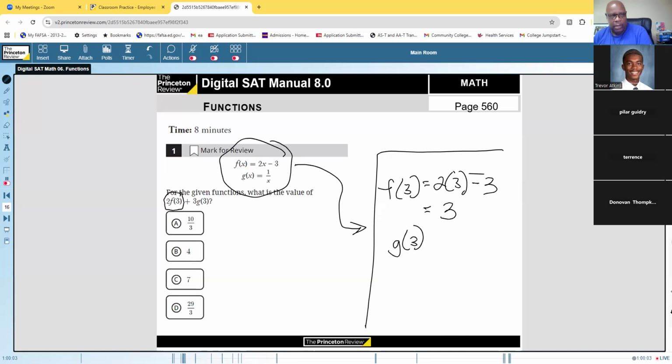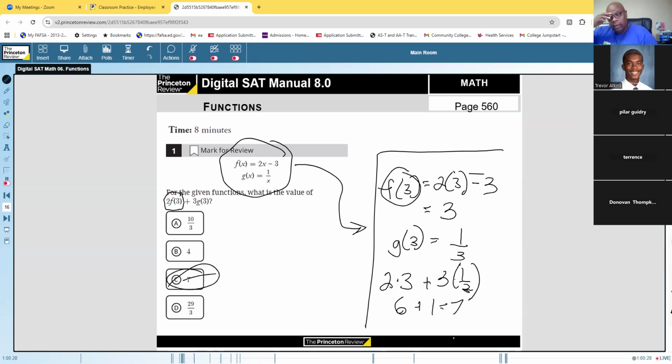Notice I didn't do the multiplication yet. G of 3 is simply 1/3. So now if I want 2 times F of 3, that is 2 times 3, plus 3 times G of 3, which is 1/3, I'm going to get 6 plus 1, which is 7. There's my answer right there.